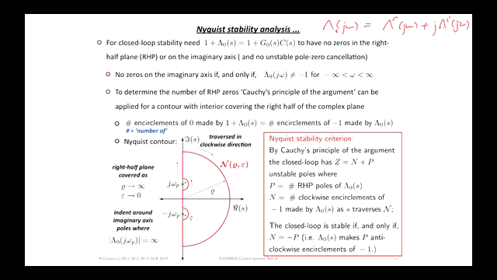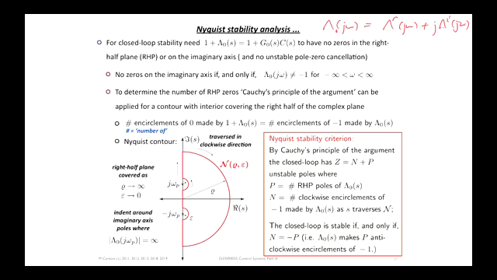Instead of mapping points along here as we traverse it in a clockwise direction under 1 plus lambda and counting encirclements of the origin, what we can do is just evaluate points along here under lambda and count how many times the new contour makes encirclements of -1. Because the number of encirclements made by this of the origin is the number of encirclements made by this of -1, because this just shifts lambda by 1.